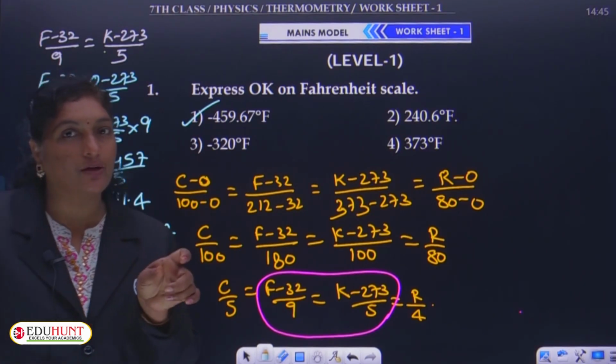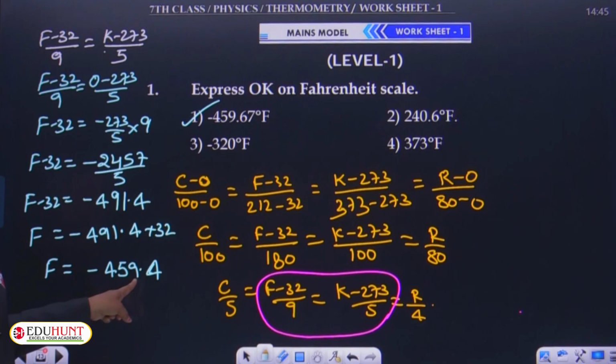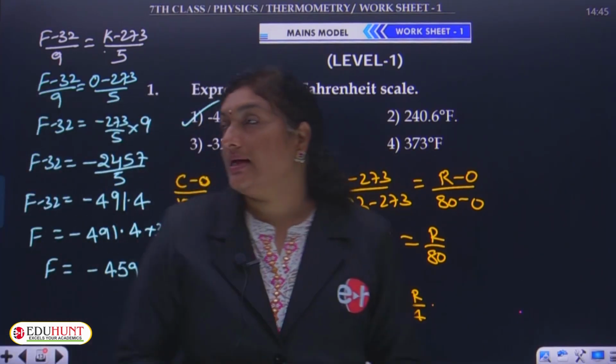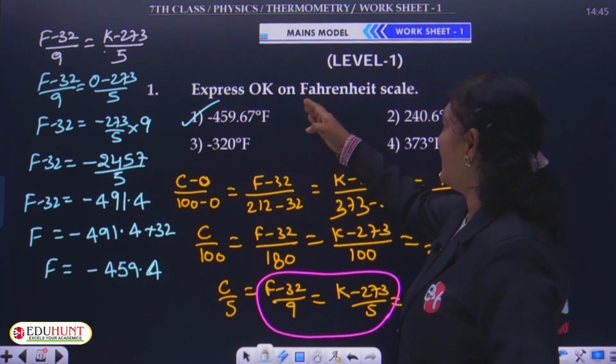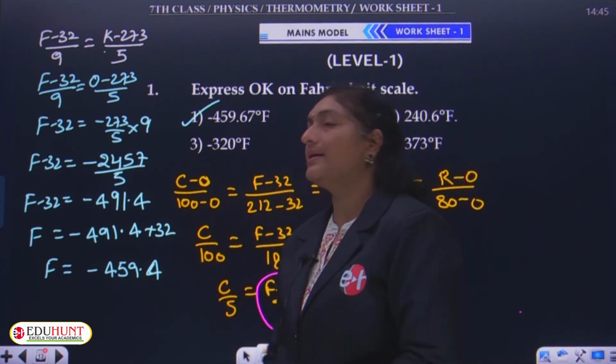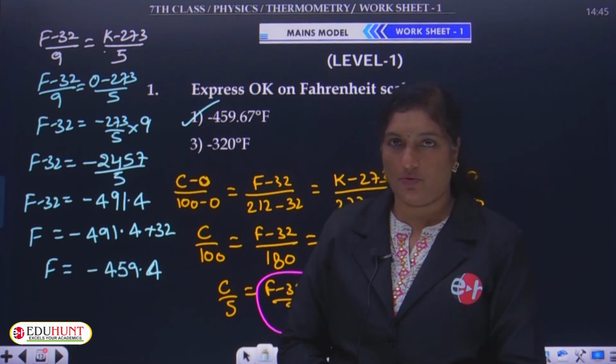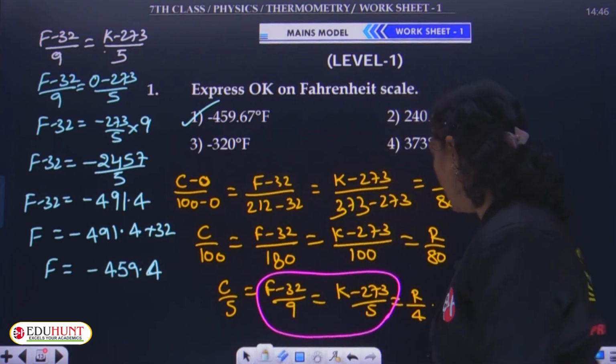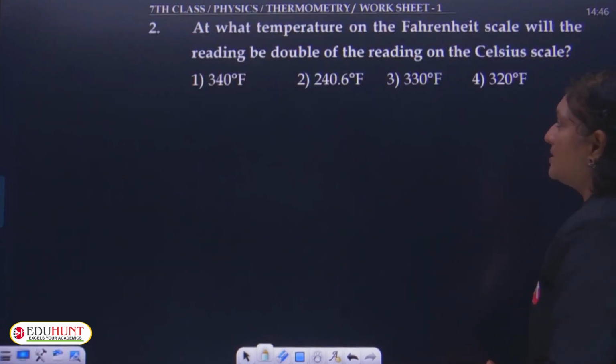As we have ignored those decimals, you are getting an approximate value. So, what is the correct answer? 0 Kelvin on the Fahrenheit scale is taken as minus 459.4 or minus 459.67 degree Fahrenheit. So, let us move to the next question, that is the second one.